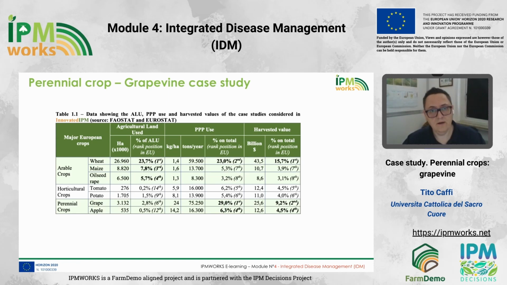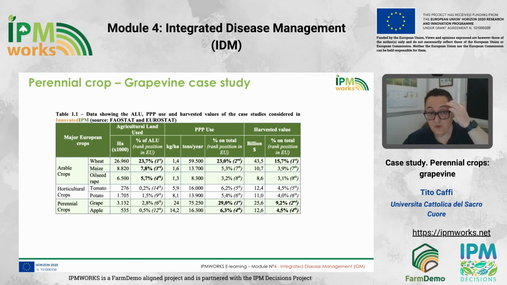So we are talking about the sixth crop for acreage of agricultural land use across Europe, but it is the first in terms of plant protection product use. Every year we are applying in our vineyards something like 75,000 tons of plant protection product.